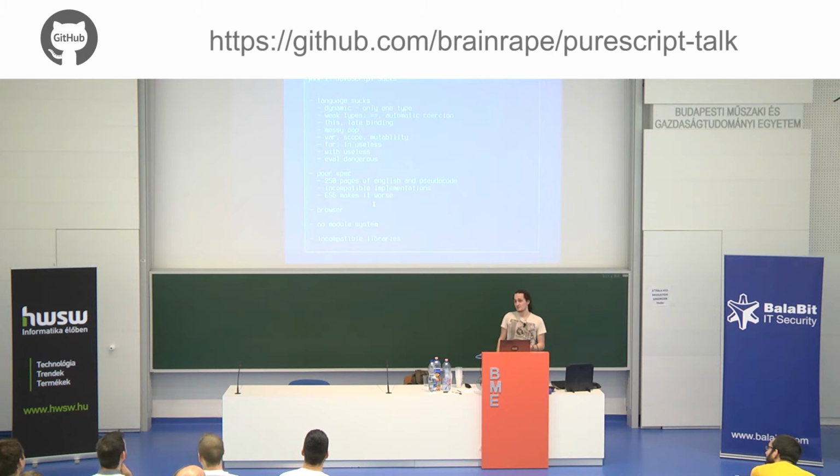And it also has a very poor specification, and the incompatibility arising from different implementations, browser, node, all makes it worse. And on top of this, there's no module system. You can't really tie pieces of code together, make them work together in a meaningful way. So there are just like hacks, like put everything in the global namespace, put everything in window, or use one of the 5 different kinds of module loaders available.